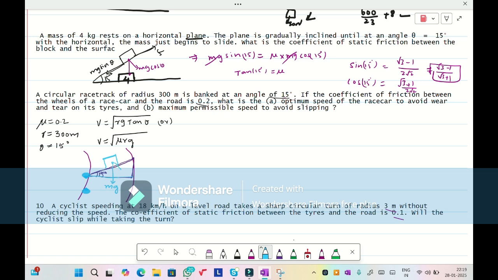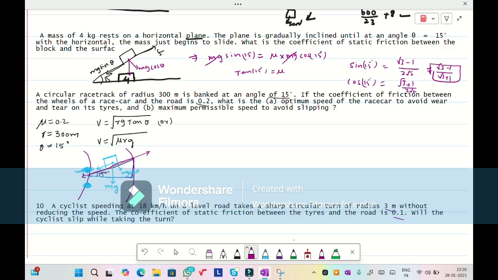And now this will be mg cos theta, and here there is mg sin theta. And friction acts along the surface, the coefficient of friction. Friction is always parallel to the surface, either in this direction or this direction.